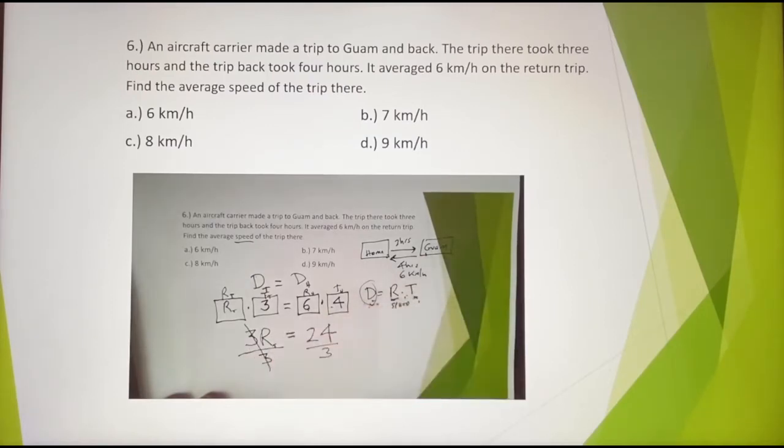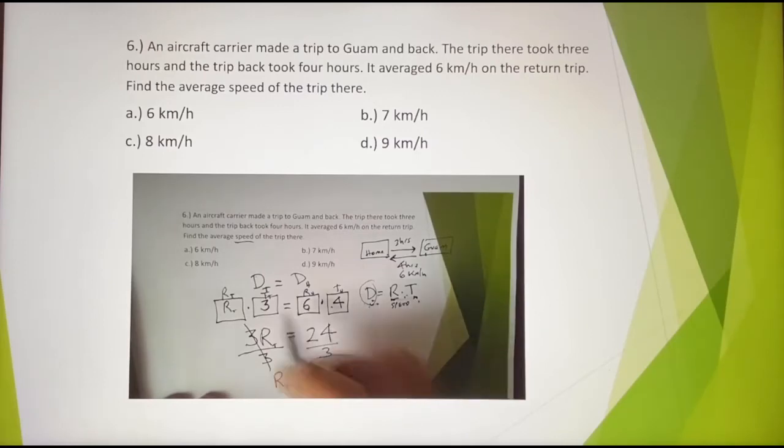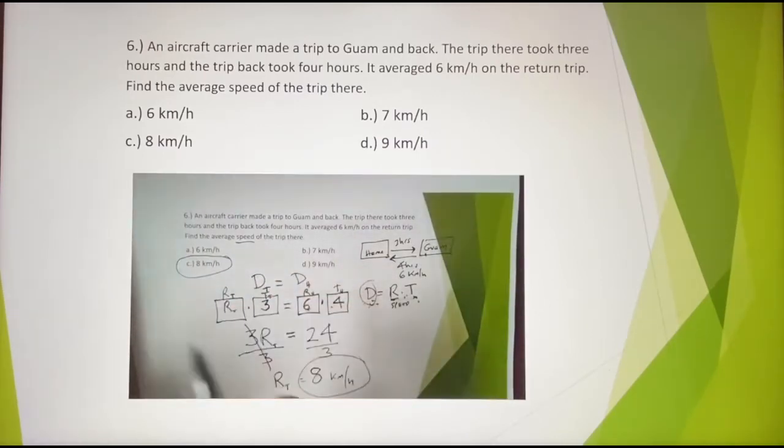Whatever I do to one side, I do the exact same thing to the other. The 3 over 3 becomes a 1. My rate there is equal to 24 divided by 3, which is 8, and my units are kilometers per hour. So that means C is the correct answer.